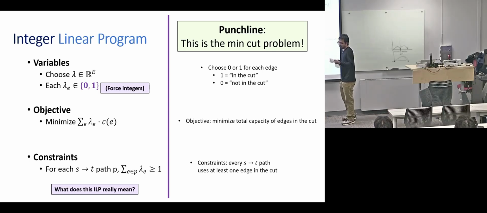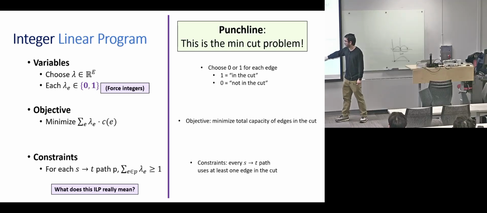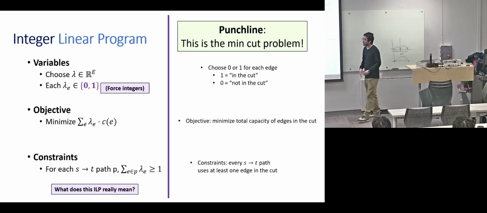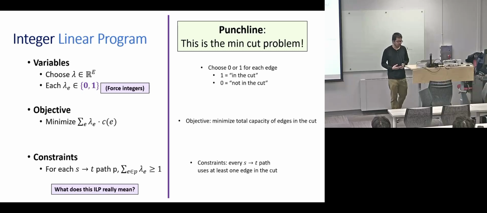And what does it mean to be a cut? It is a thing such that once you remove it, there is no ST path left, which is the same as saying that every ST path must go through at least one edge in the cut. So just by deriving the dual and trying to interpret it, you can see that it's just a min cut problem.